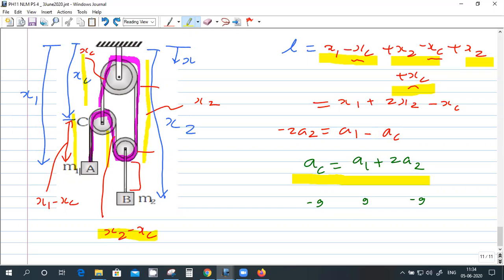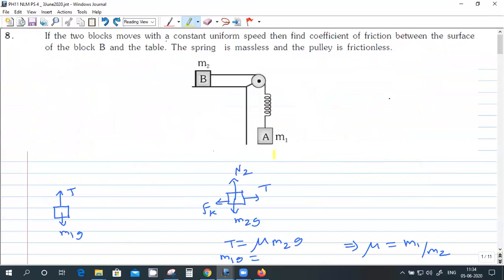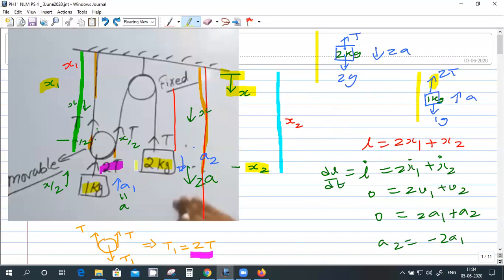This relation is constraining. If 2 of them are fixed, then the other one is fixed. But for example, in this one, there are 2 independent movements, the 1 kg and 2 kg movements, x1 and x2, and there is one constraint.